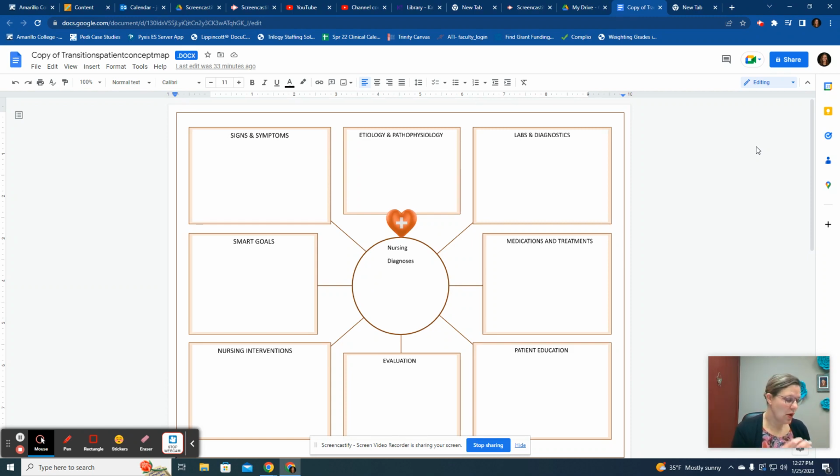We're going to continue on with this case study and look at page 467 in your Lewis textbook. There it says physical examination findings of FT are as follows. Temperature 38 degrees Celsius, apical pulse 110 irregular, respiratory rate 30 regular, shallow, slightly labored, blood pressure 170/90, sitting on the edge of bed with arms resting on bedside table.